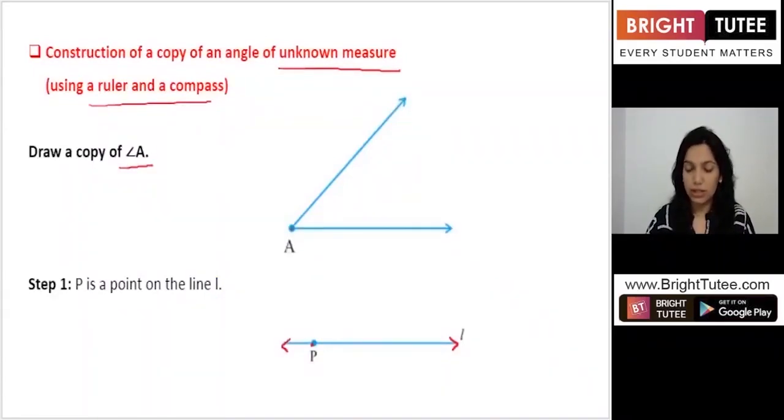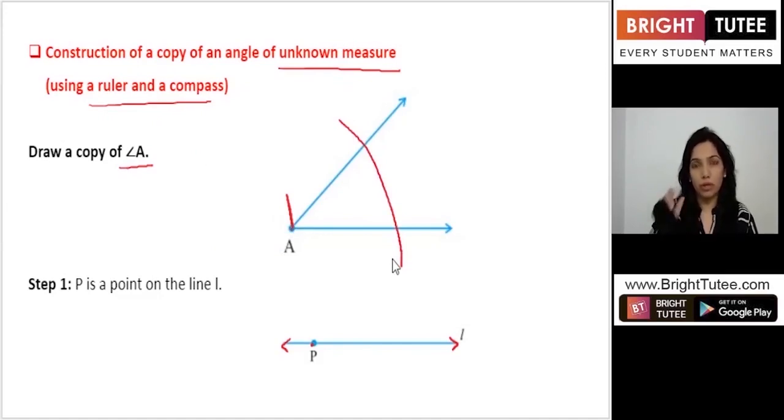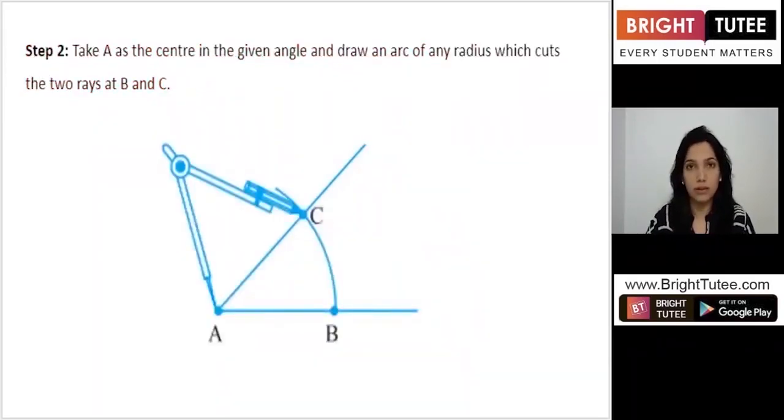This is the given angle A. You keep the pointer at A, and then any radius you can open in your compass and you make an arc over here like this. So keeping the pointer at A, you make an arc of any radius of your choice, right? So this step 2 is done.